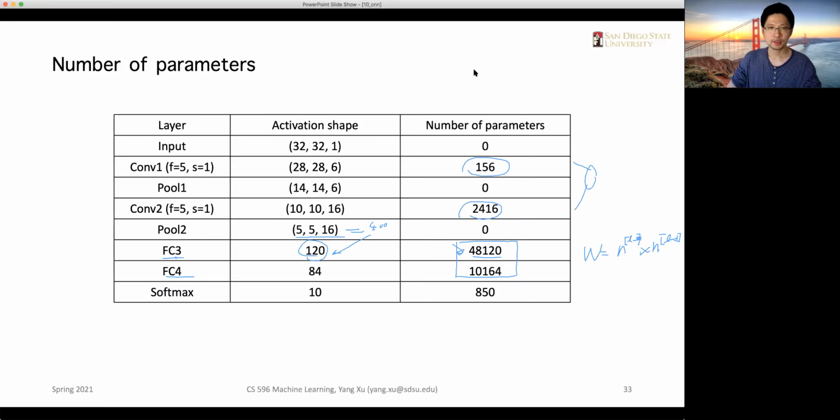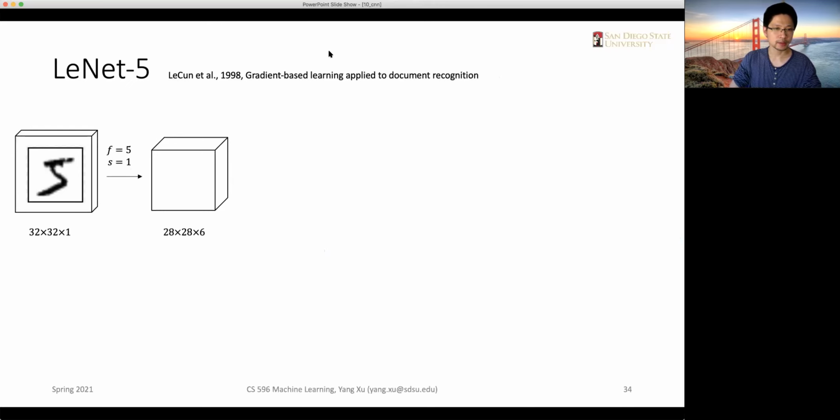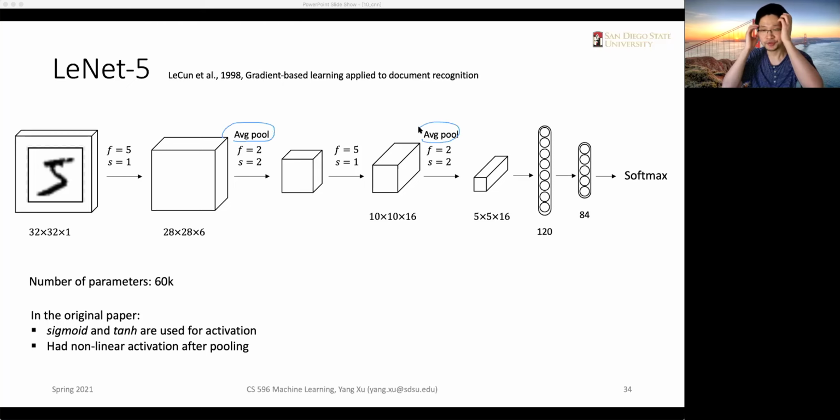So I think from the next slide on, oh yeah, this is a replicate. Maybe I forgot to delete this one. Another piece of information is that the original work used average pooling, and an improved version is to use max pooling, as shown in the previous slide.